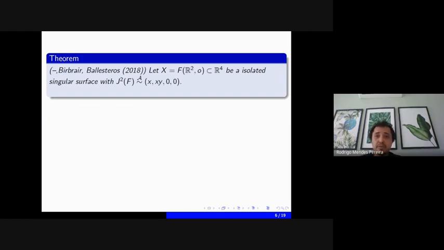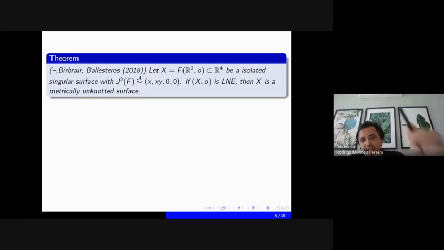And the result is the following. If you take X, an isolated singular surface, and suppose that the 2-jet is smooth equivalent to this quadratic form, x, x, y, 0, 0, and if X is Lipschitz normally embedded, meaning the inner and the outer distance are equivalent, then X is a metrically unknotted surface. So even in this case, you do not have a knotted surface.